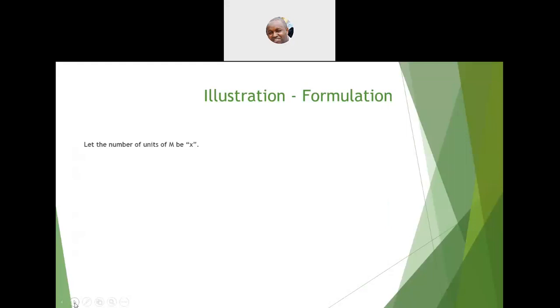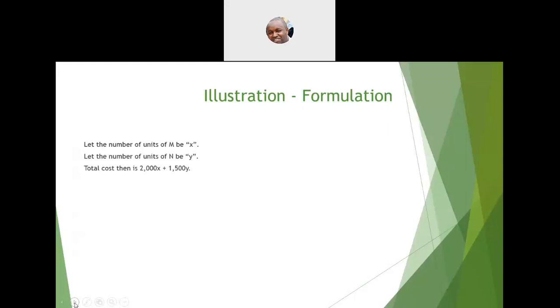Now, how do we formulate this problem? The first thing, we are going to assume the units of M to be produced to be X, whereas the units of N to be produced to be Y. The total cost then would be 2,000X plus 1,500Y. Why 2,000X?